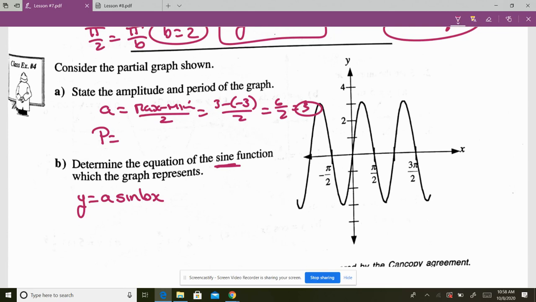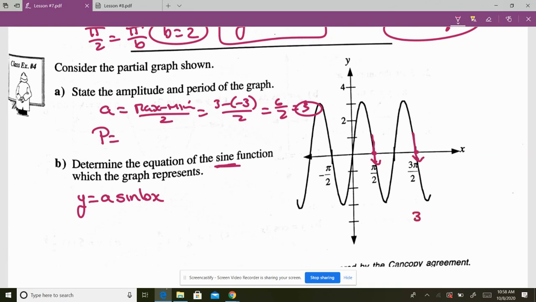So what we can do is go from here, because the graph is falling at that point, to the next part where it's falling and marked, which would be that. And then just find the difference there.